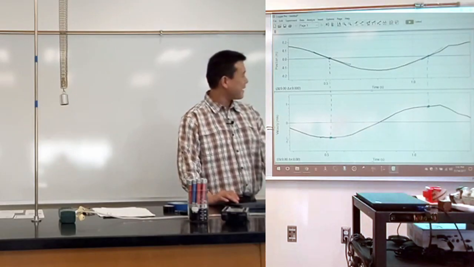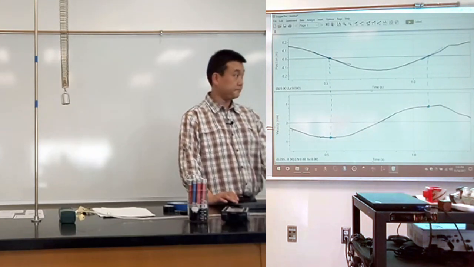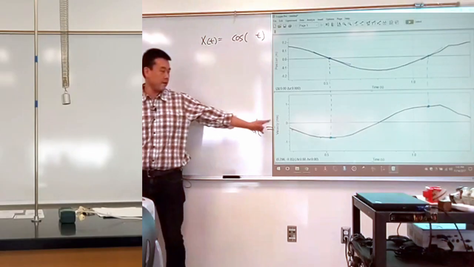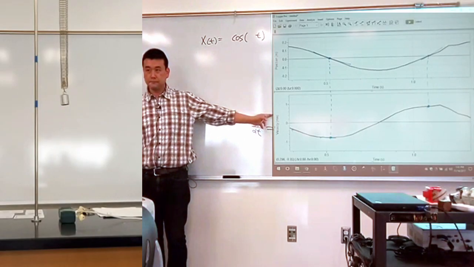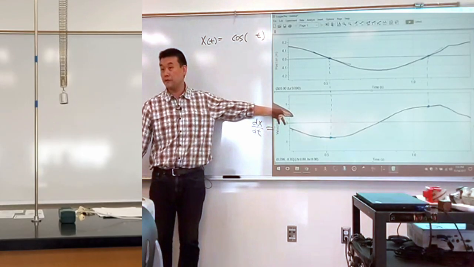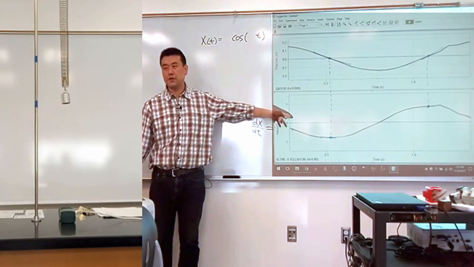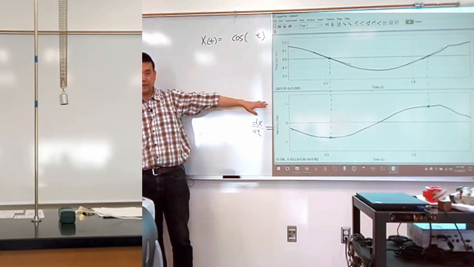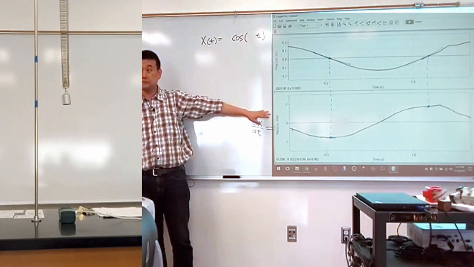What do you think it'll look like if I display the acceleration? Will acceleration look like the velocity? No, right? You're taking another derivative, so it shouldn't look like the function that you took the derivative of. Would it look like anything on the board already, or will it look a little bit different?